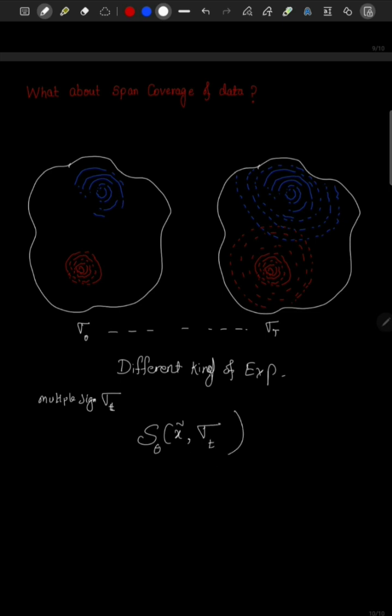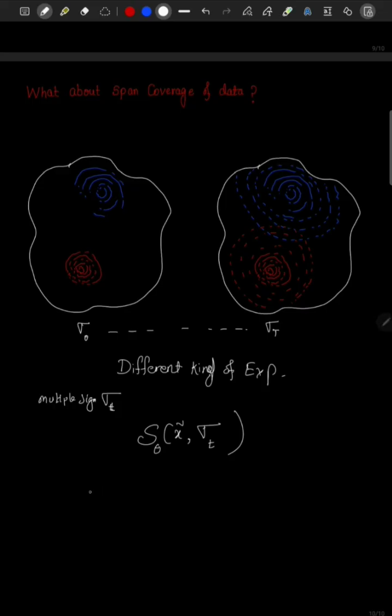t. So t means at one timestamp you have some small noise, and you train your s theta function, your neural network, with that small noise or perturbation. At a higher timestamp, you may have some higher noise perturbation, and accordingly you train your neural network. So you basically have a different setup for the different timestamps.